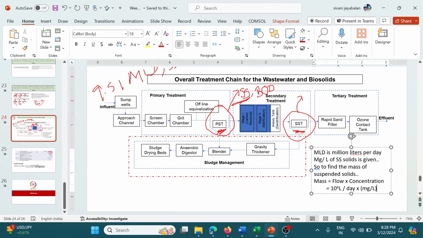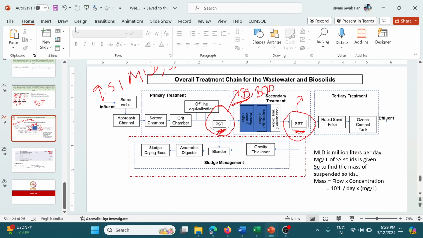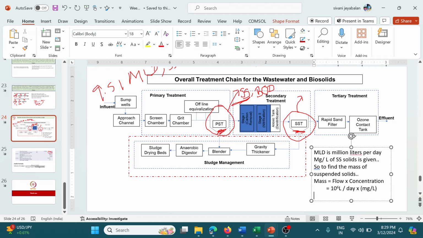For flow, the liter is at the numerator, but for concentration, the liter is at the denominator. So these two things will get cancelled. So what you will get is 10 to the power 6 mg per day. Correct?